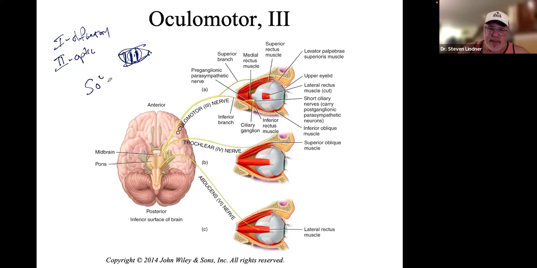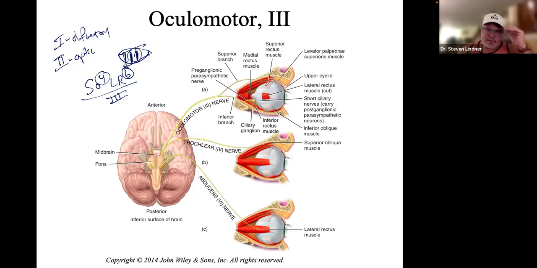If you remember, SO4, LR6, all over 3 means that the superior oblique muscle is the fourth cranial nerve. The lateral rectus is the sixth cranial nerve. All over 3 means all the other eye muscles are going to be cranial nerve number 3.